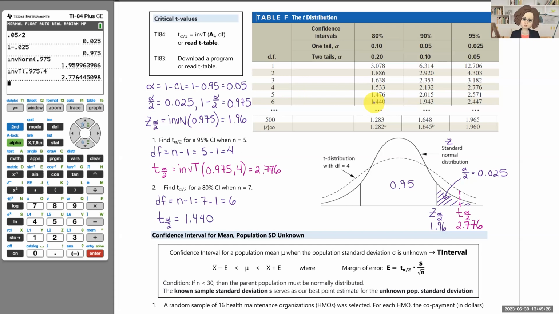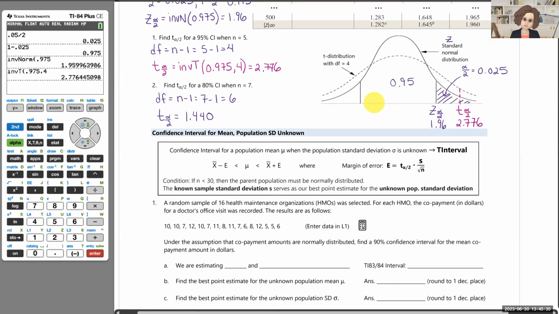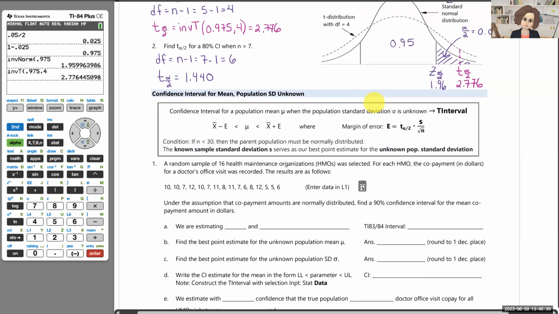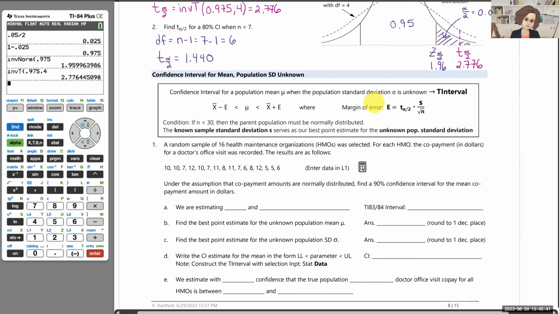All right, so we'll use t-scores quite a bit later on, but as we move into creating confidence intervals, rather than doing it by hand, we are going to take advantage of an interval on our calculator called the t-interval.